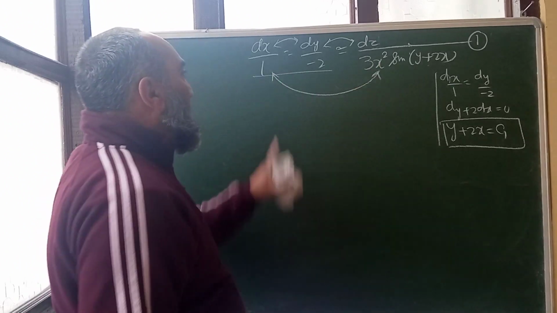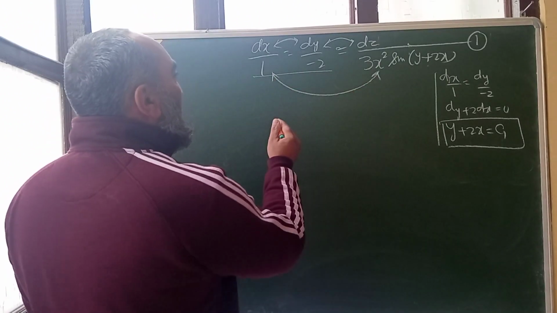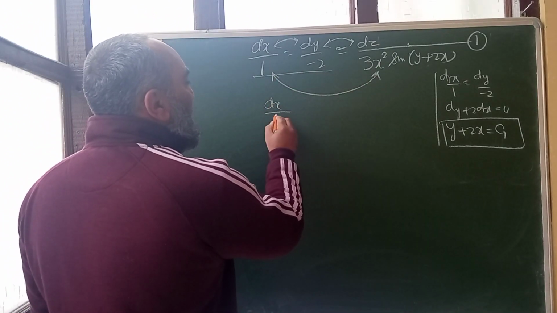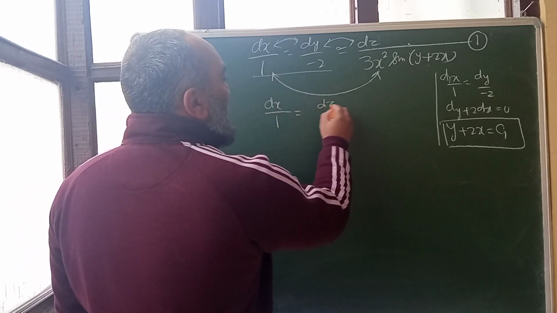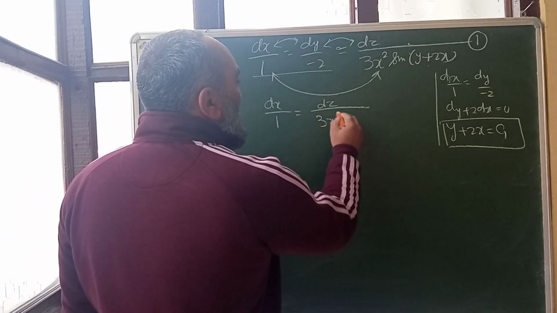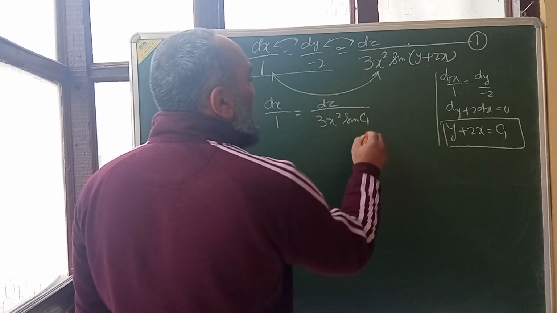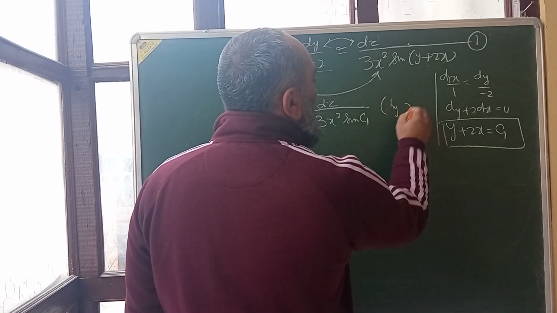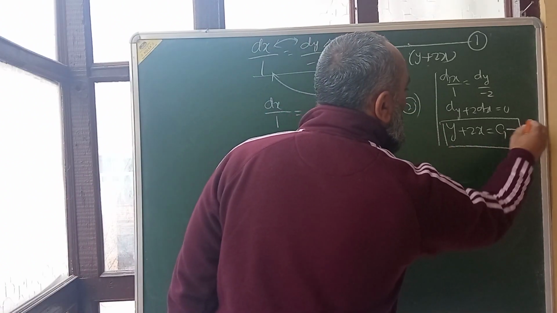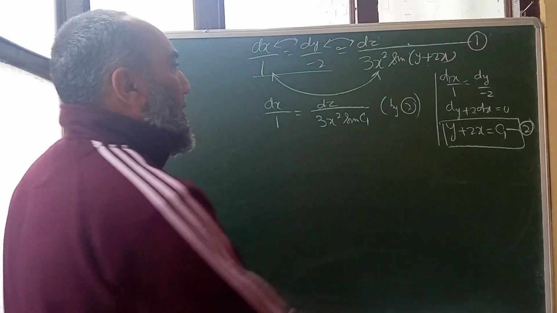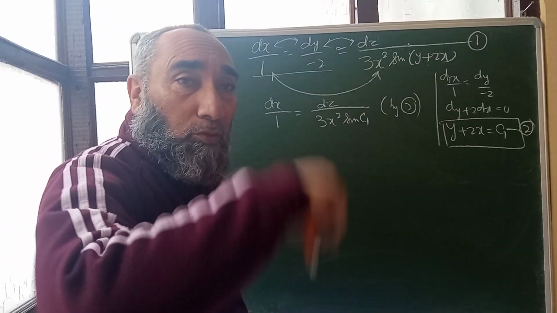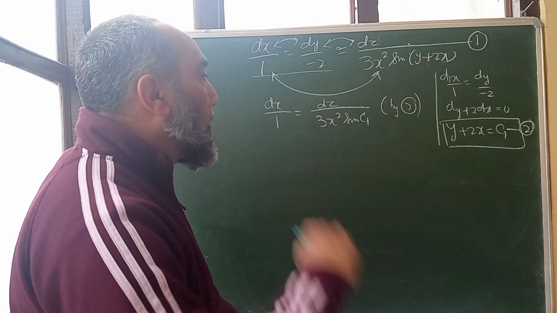Now taking the first and third fractions together, I will get dx by 1 equal to dz by 3x square sine of c1. This is 2. Okay, here I have used the first solution, y plus 2x equals c1, which I obtained by using rule 1.